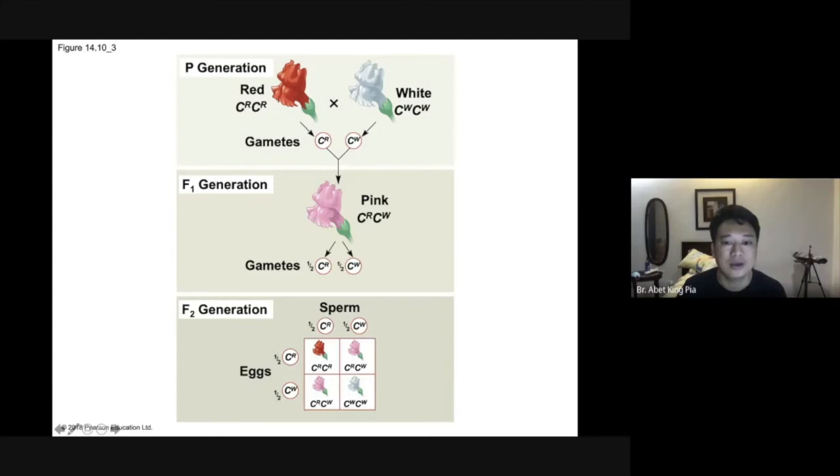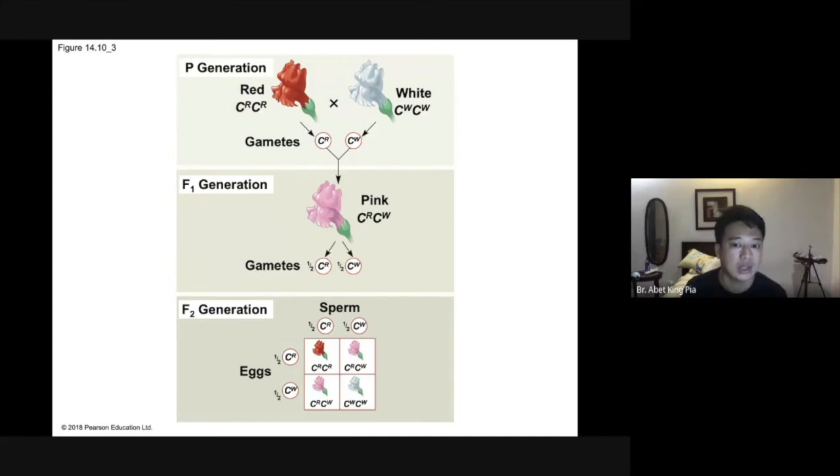So, now, from the first filial generation with this genotype, yung CRCW na pink, once you cross this using the Punnett square, you will have the same pa rin naman, the same result ng phenotypic ratio at genotypic ratio.